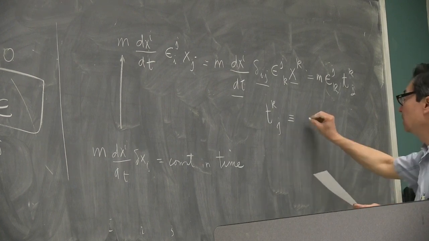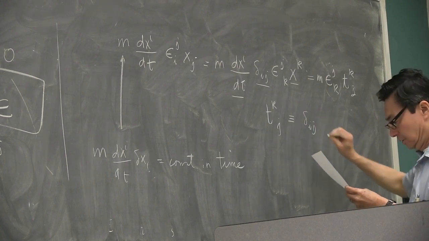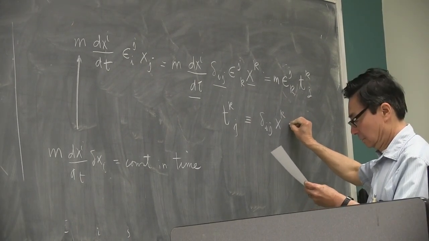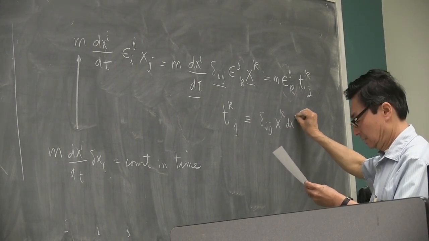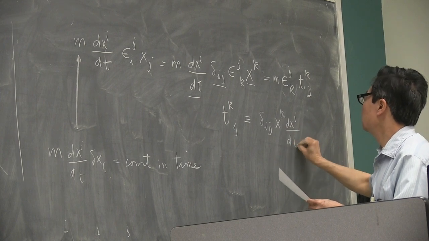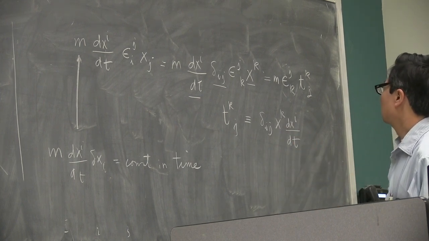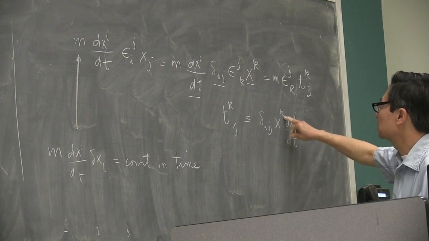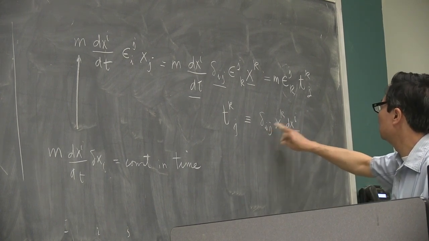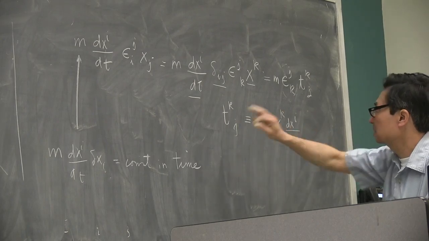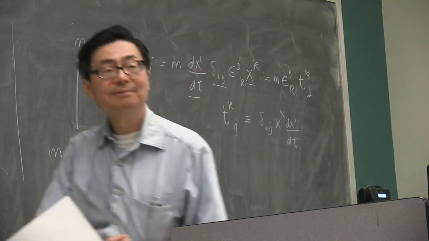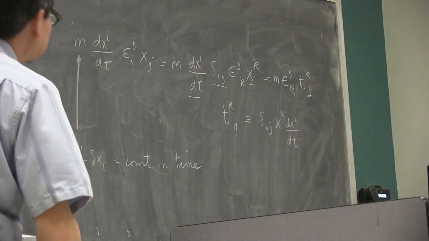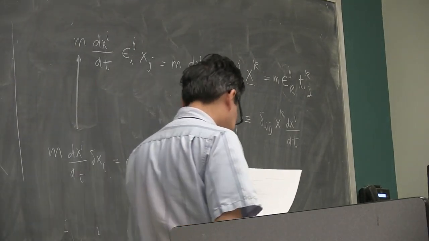So T_kj is delta_ij xk dxi/dt, and so I'm left with one subscript, which is k, one more subscript, which is j, the other one I sum over, so it doesn't appear. Okay. So I've defined a quantity, T_kj, for you.